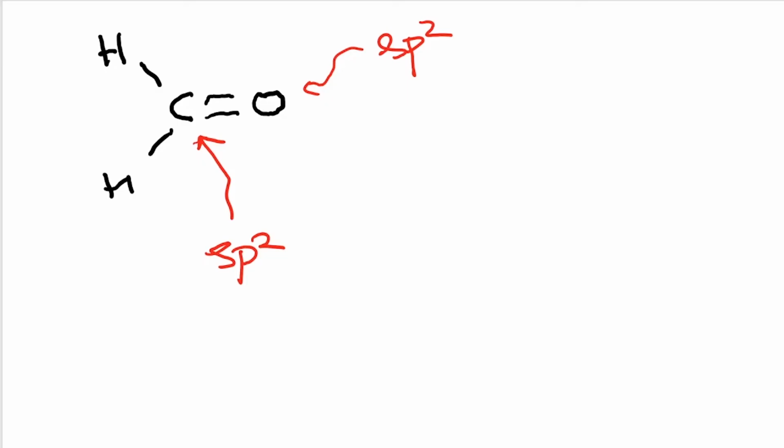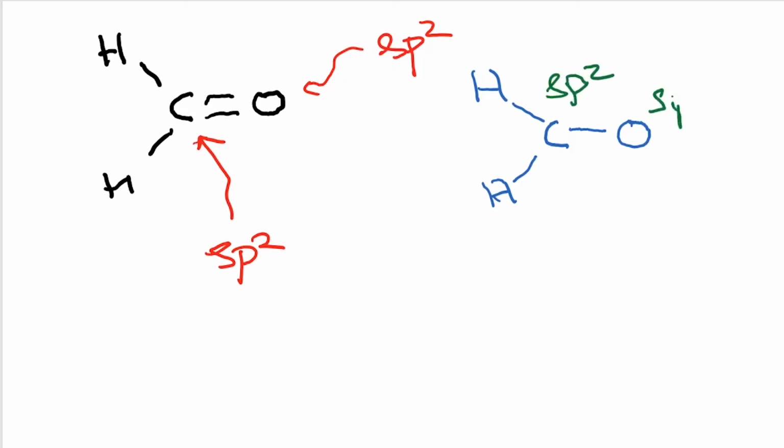But from a bonding standpoint, this carbon is first attached to an oxygen through a sigma bond, and of course to the two hydrogens through sigma bonds, and this is done by the sp2 carbon and the sp2 oxygen. And then we have a pi bond.